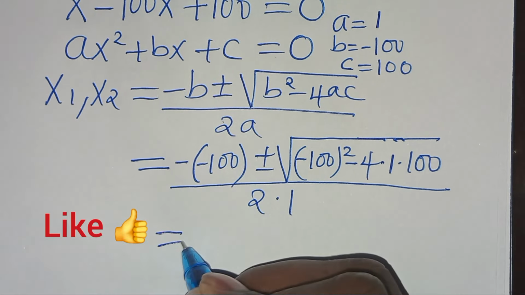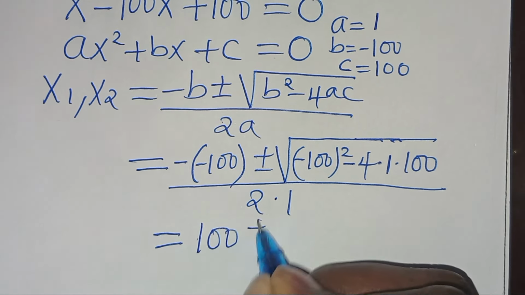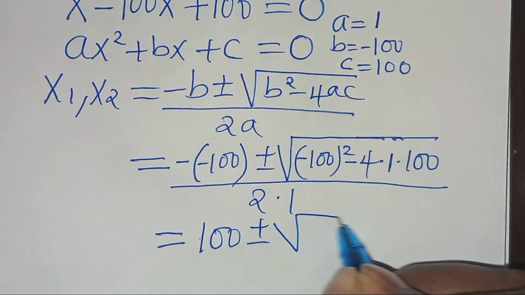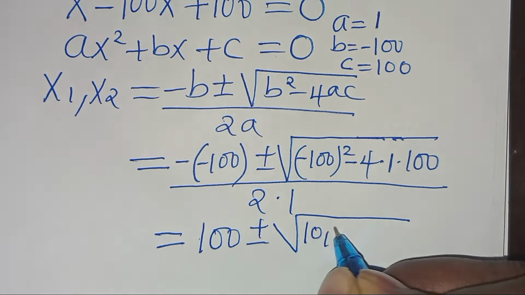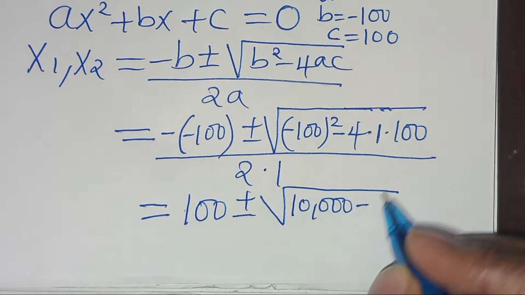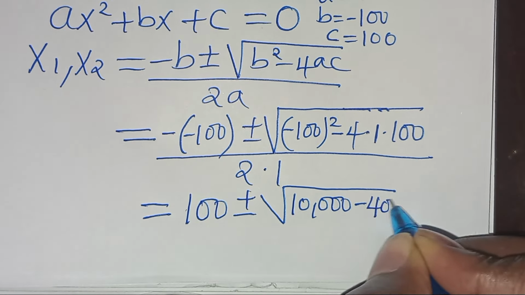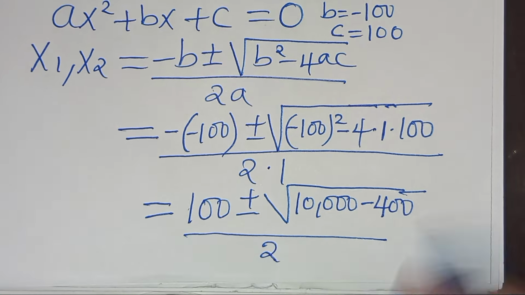So this implies that here we have minus times minus 100, this is 100, plus or minus the square root of minus 100 squared, this is 10,000, minus 4 times 100, this is 400, everything divided by 2.